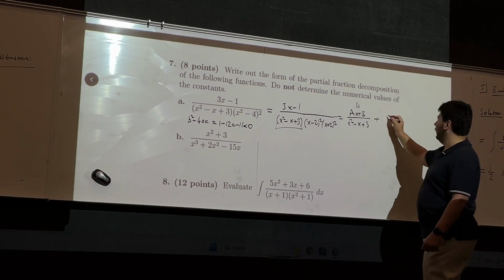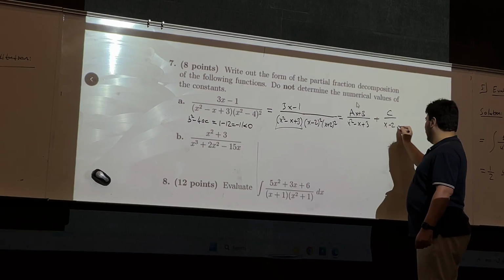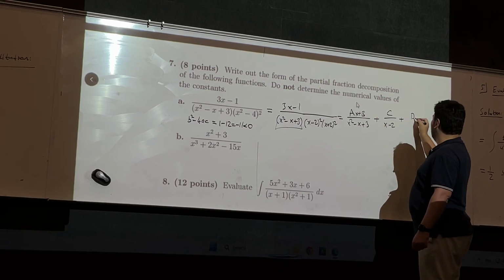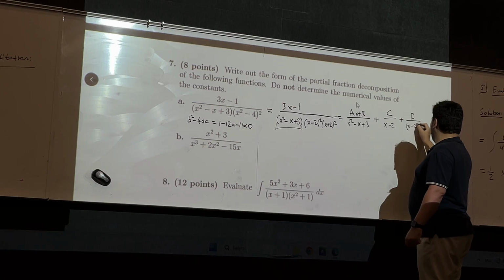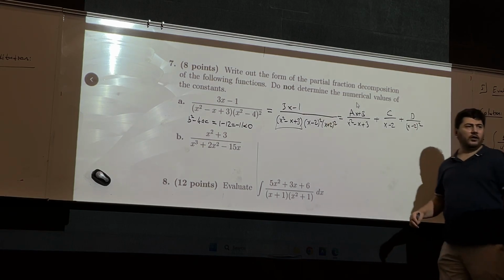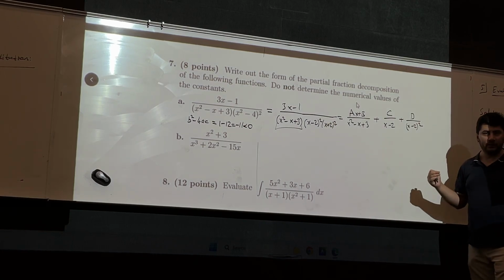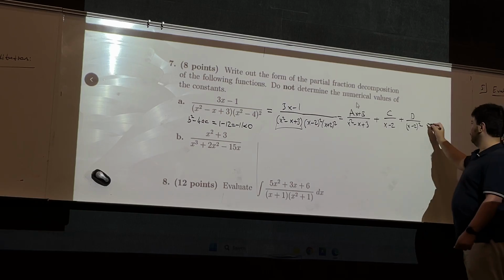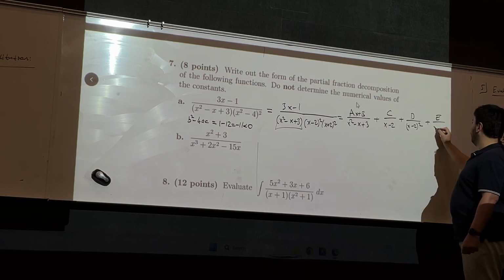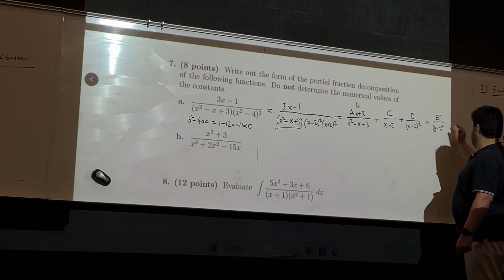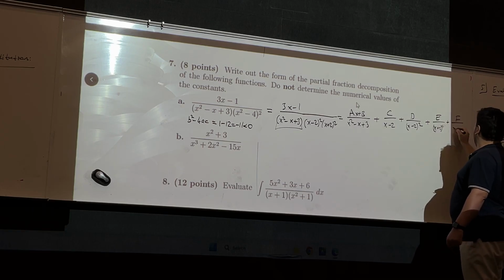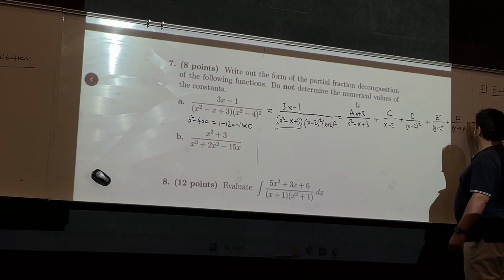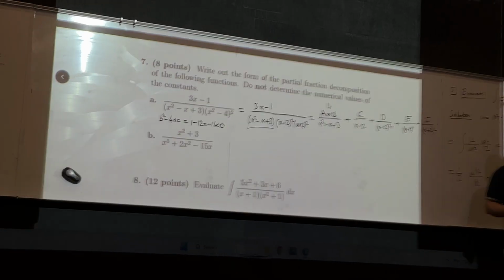C over x minus 2, plus D over x minus 2 squared, because there's a square here, I have to repeat it, right? Plus E over x plus 2, plus F over x plus 2 squared. That's it? That's it.